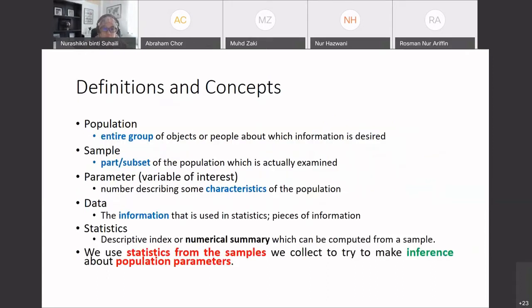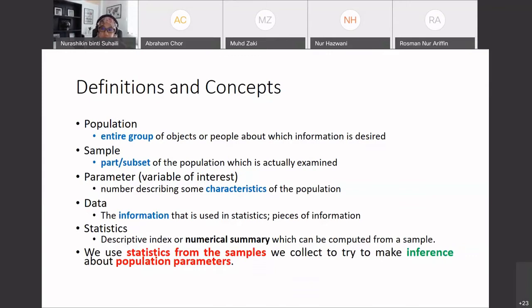Okay. Right, let's go to the definitions and concepts. Some definitions and concepts. Okay, just now your friend have mentioned about population and sample. Okay, so he is right. Okay, population refers to the entire group of objects or people about which information is desired.